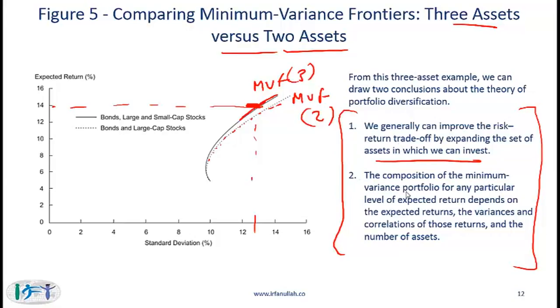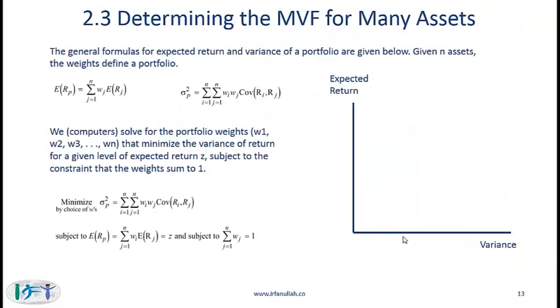The second point is that the composition of the minimum variance portfolio for any particular level of expected return depends on the expected returns, the variances, and the correlations of those returns and the number of assets. So we've seen this.